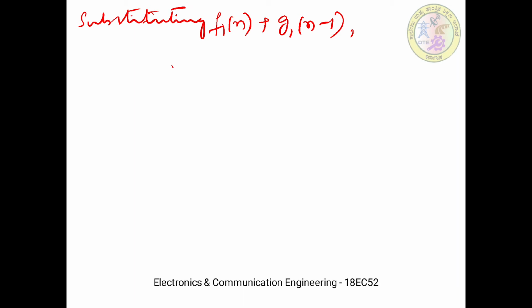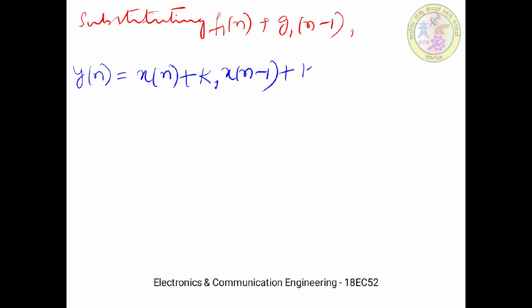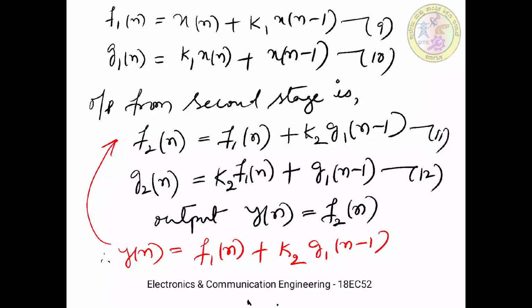Okay, so y of n is equal to, this is the f1 term I am writing, x of n plus k1 into x of n minus 1 plus k2 into g1 of n minus 1. So we don't have any direct g1 of n minus 1, but we have the g1 of n equation.